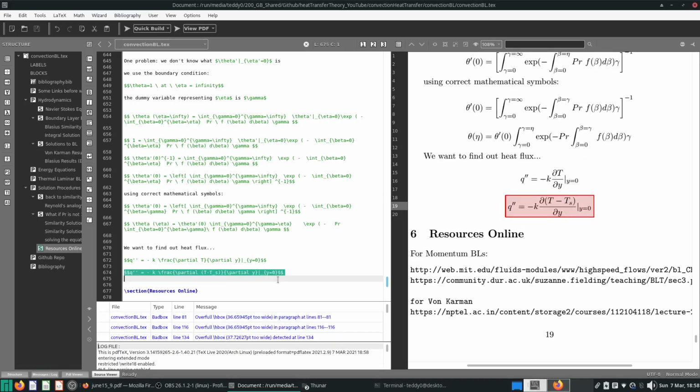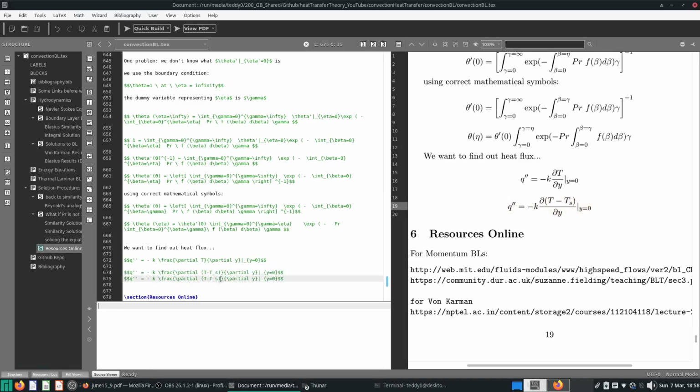So this T minus Ts is actually theta times T infinity minus Ts, rather.